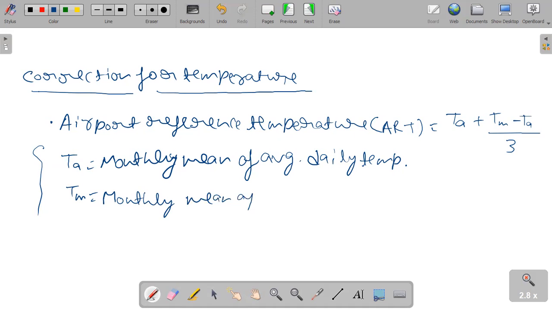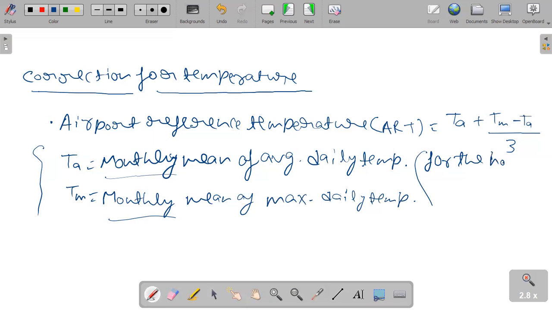And remember one thing, these monthly means are taken for the hottest month of the year.